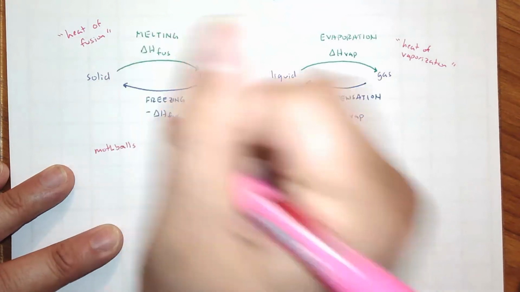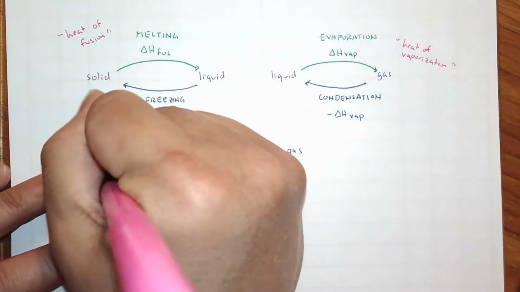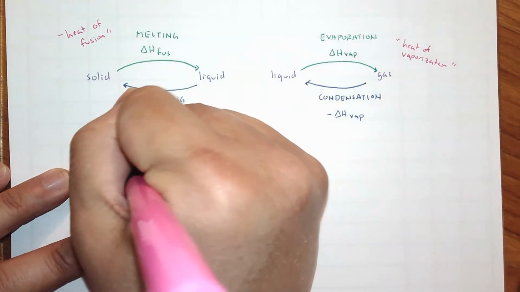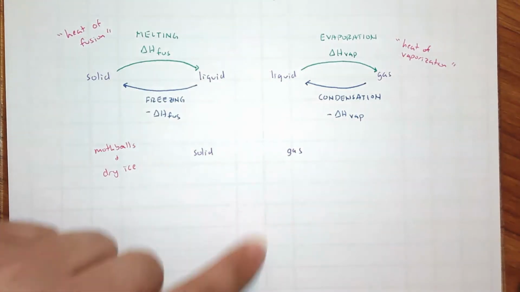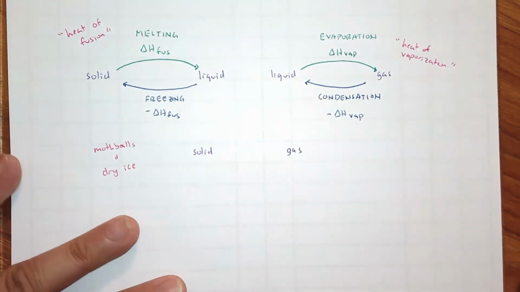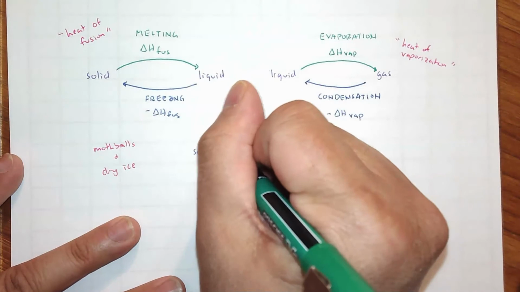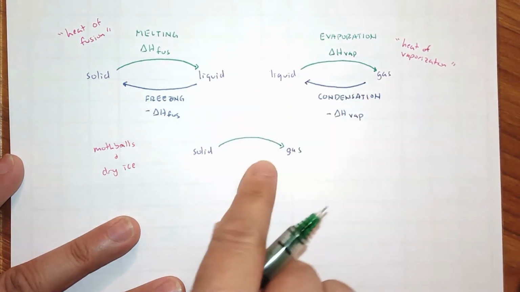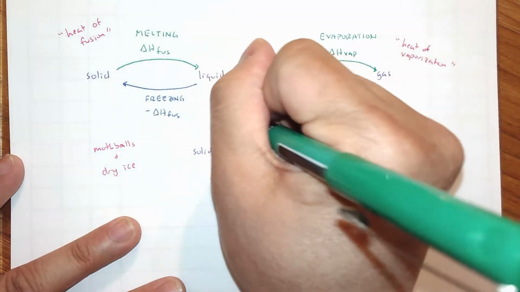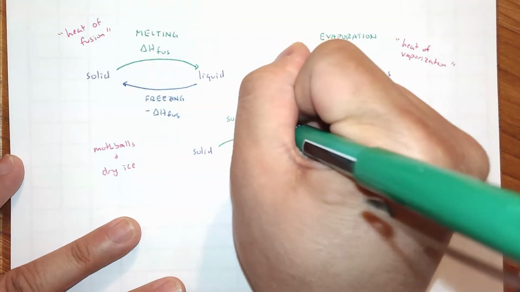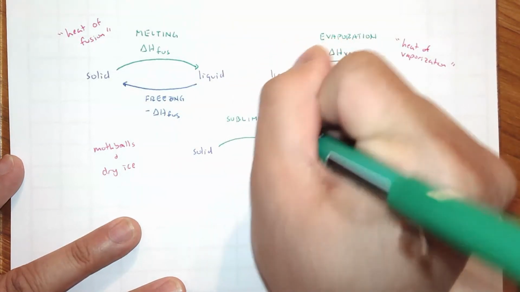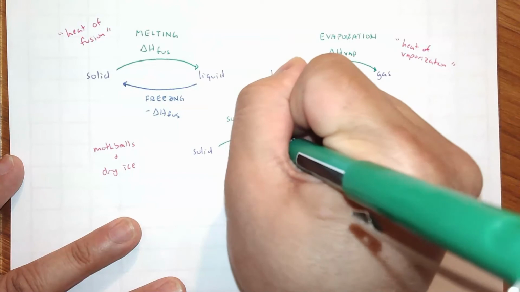They seem to evaporate, and also dry ice. Solid carbon dioxide goes to gas, bypassing the liquid phase. Bypassing the liquid phase, that is sublimation. It sublimes. And yes, there's a delta H sub.